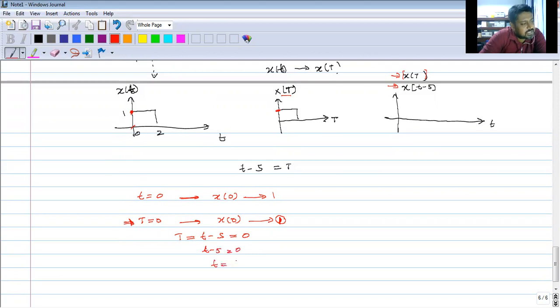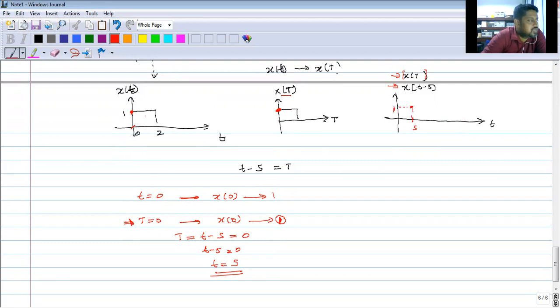That means t is equal to 5. So t is equal to 5, and this x(0) is 1. So that means this point. Now, if you consider this graph, this point is here at 5. So it is also 1.